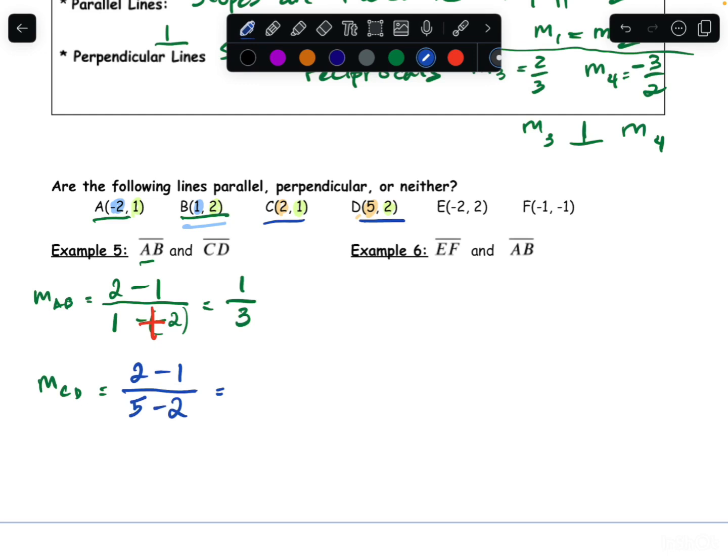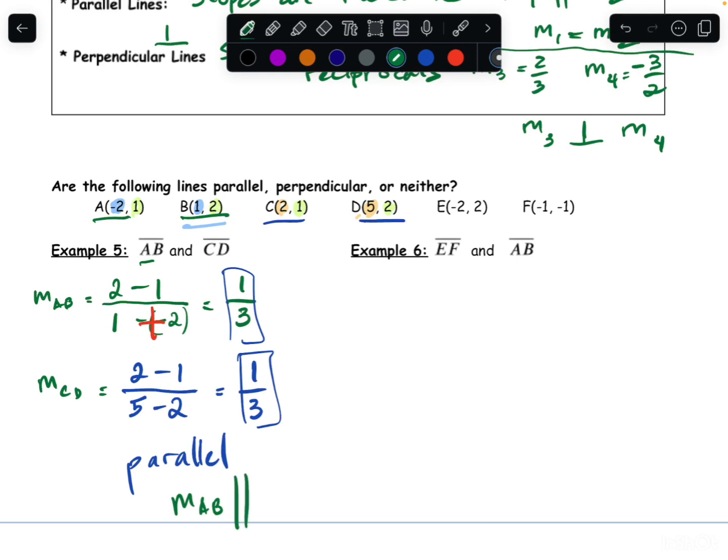And that's equal to 2 minus 1 is 1, and 5 minus 2 is 3, right? So your two slopes are the same. Therefore, these are parallel. You can write it as slope of AB is parallel to the slope of CD.